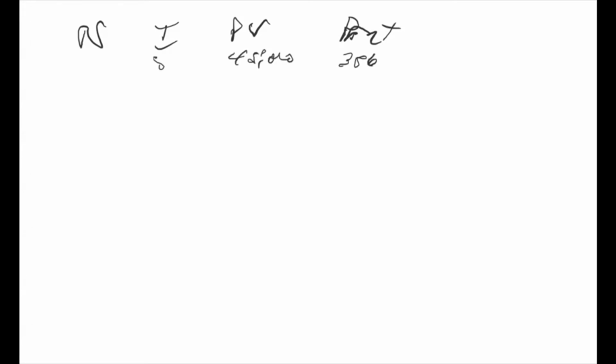You've got interest, PV, and payment. So we're going to go back to our example here: 386, 45,000, 8.34, and N being 240.